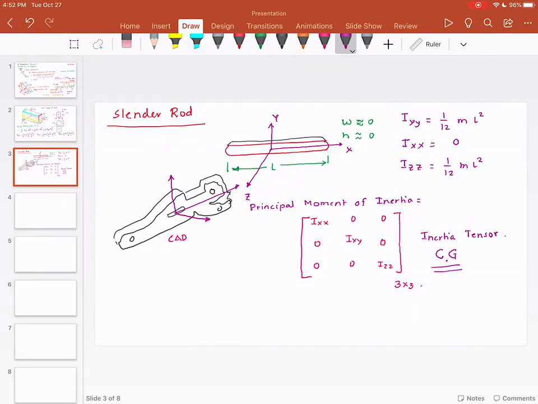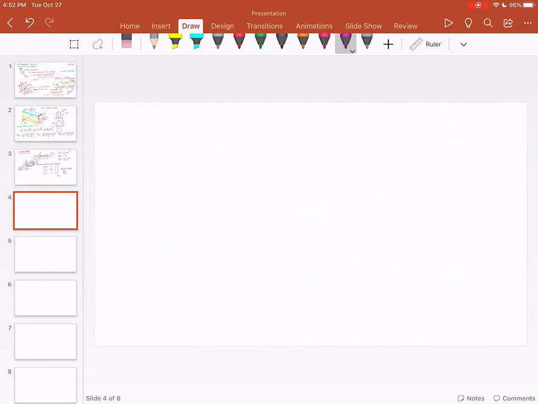Now I'm going to look at a very simple dynamics problem with a slender rod. We looked at the simple pendulum as our starting example. Now let's look at something called a compound pendulum, or let's consider a slender rod.